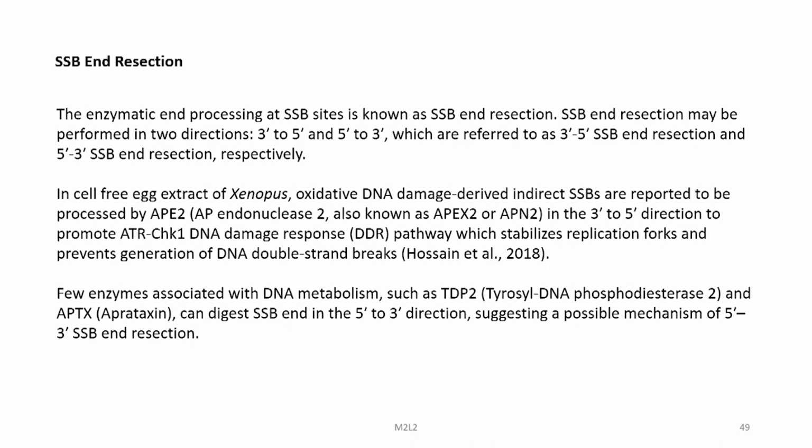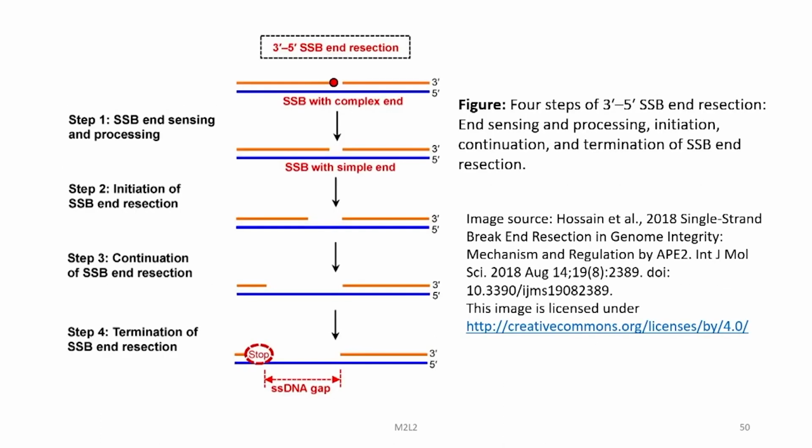In cell-free egg extracts of Xenopus, oxidative DNA damage derived indirect SSBs are reported to be processed by APE2 in the 3' to 5' direction to promote the ATR-CHK1 DNA damage response pathway, which stabilizes replication forks and prevents generation of DNA double strand breaks. Few enzymes associated with DNA metabolism such as TDP2 and APTX can digest SSB ends in the 5' to 3' direction, suggesting a possible mechanism of 5' to 3' SSB end resection.